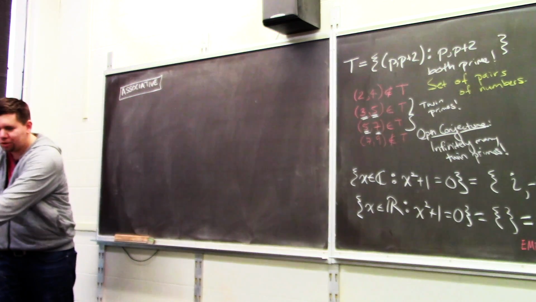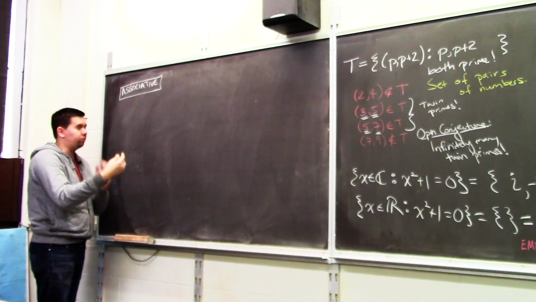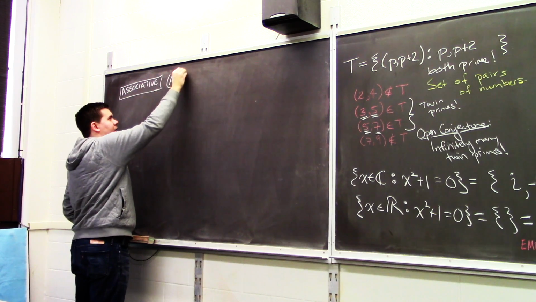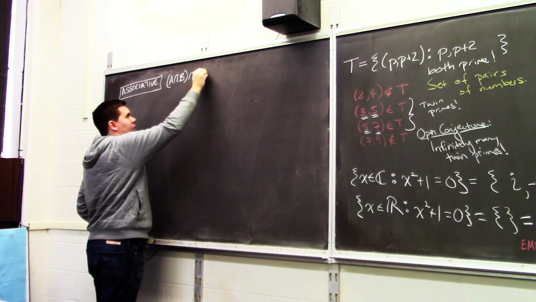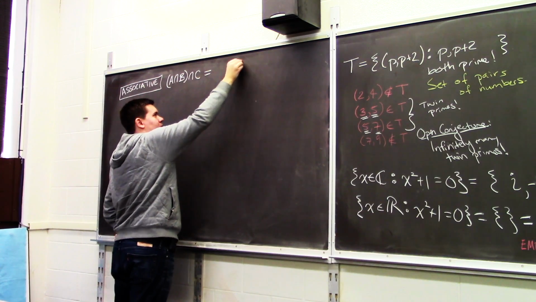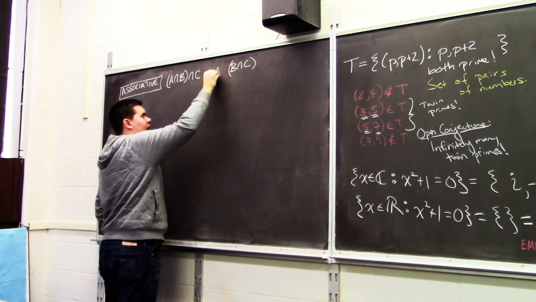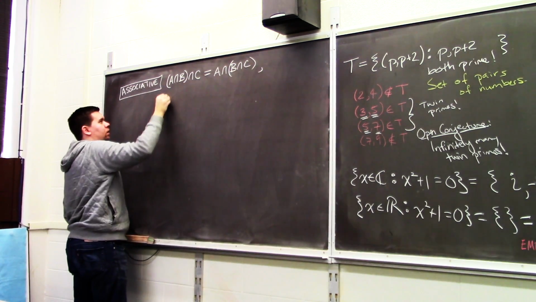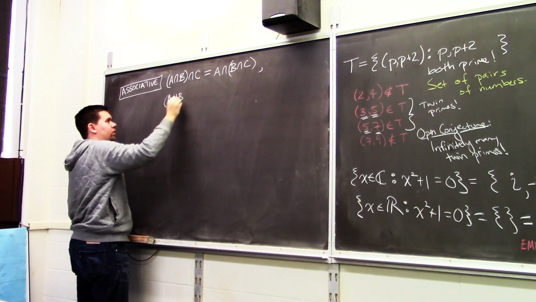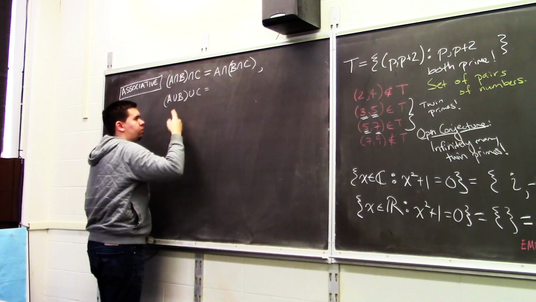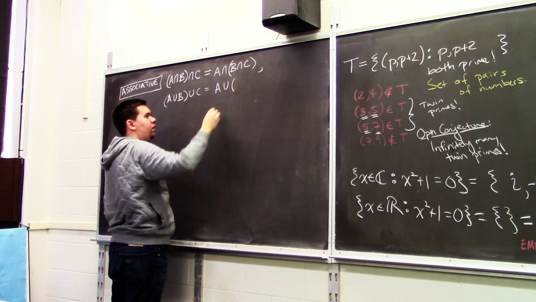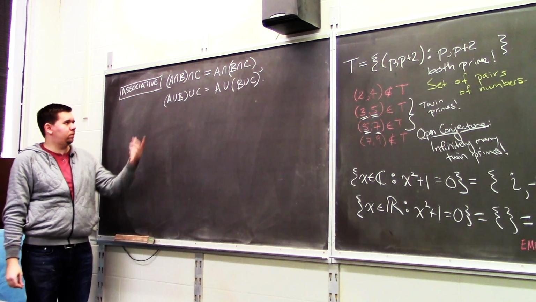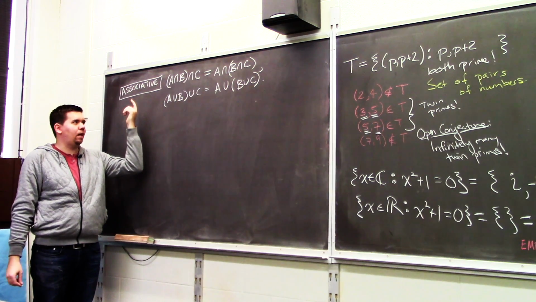So just like with addition, associative is just saying the order doesn't matter. You can move the parentheses around. So that's saying that A intersect B, then intersected with C, should be the same thing as first you intersect the B with the C, and then you come back and do A intersect with that. And similarly, A union B, union with C, should be the same thing as A union with the union of B and C. So parentheses tell you the priority in order, and associative is saying, well, it doesn't matter the order.